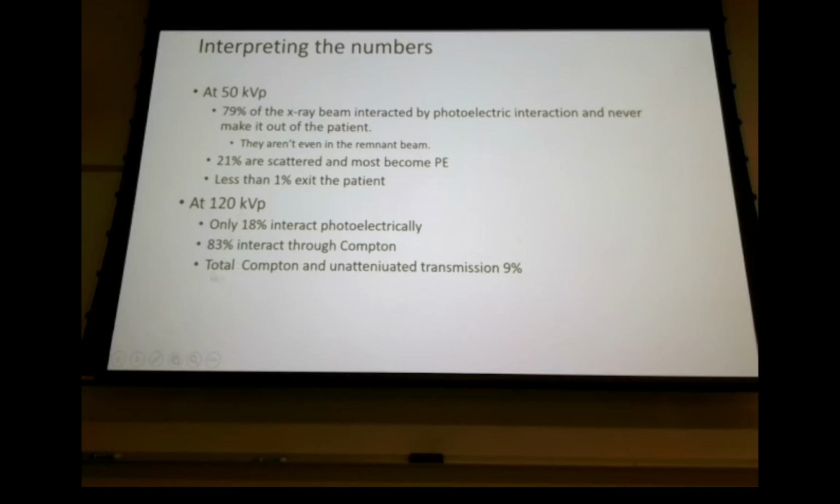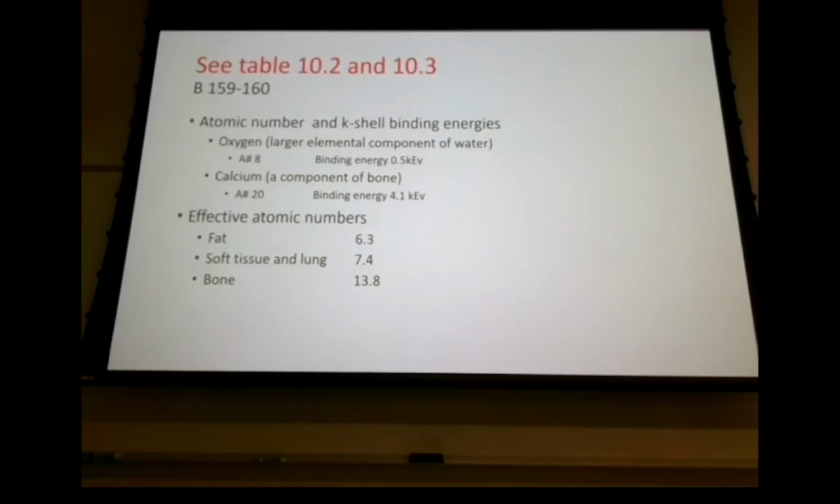At 120 kVp, our total transmission is 9%, and that's Compton and unattenuated. Okay, so as kVp goes up, we get more penetration, and we get more Compton penetrating through the patient, even though the number of Compton interactions decreases. We get more penetration.